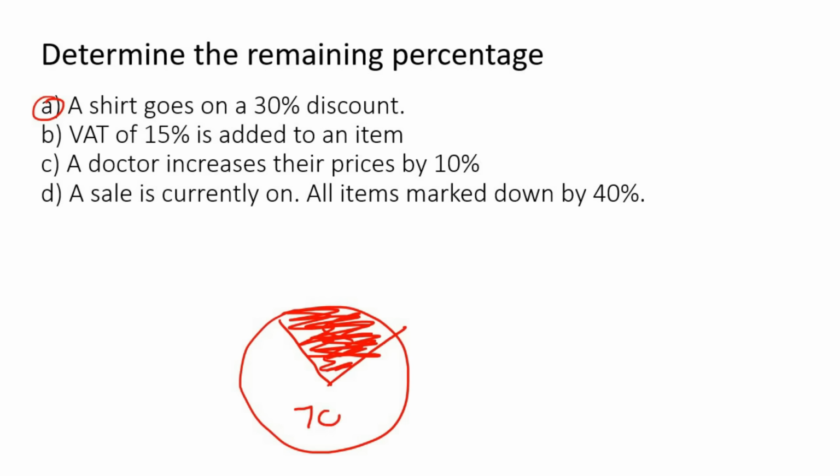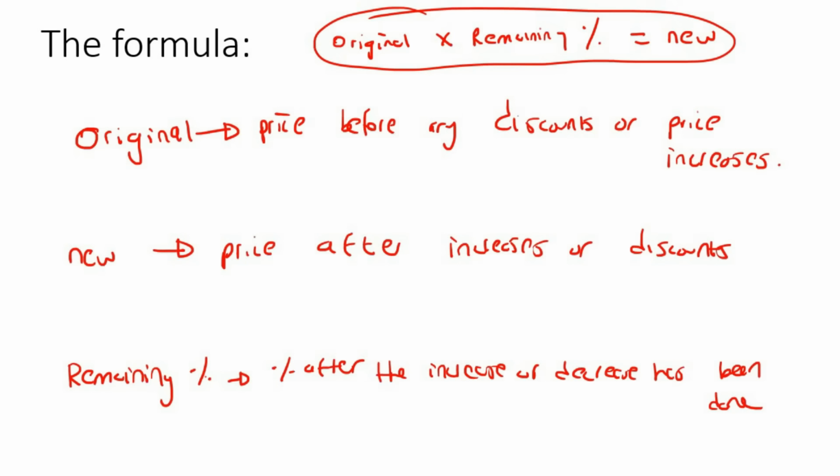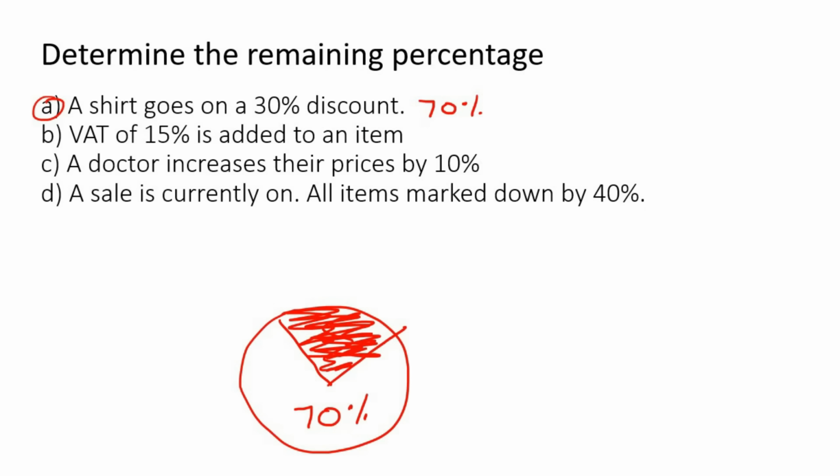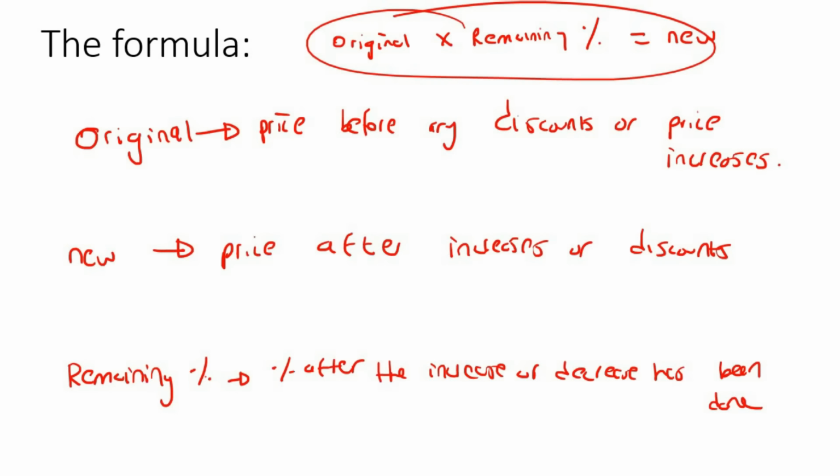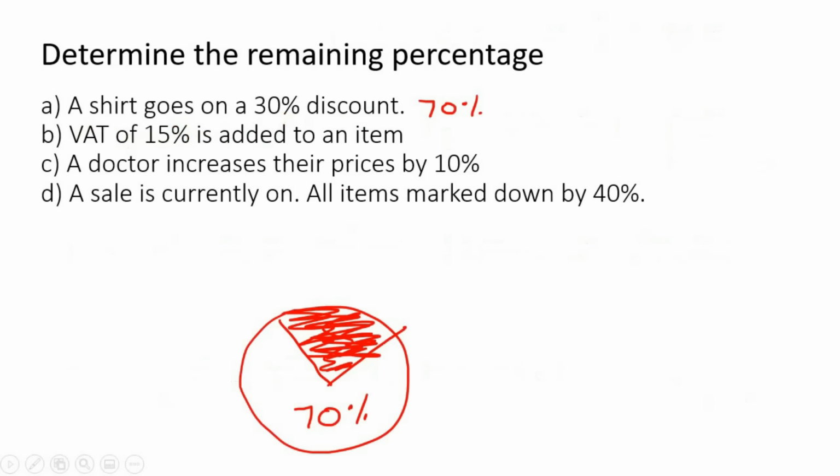Well, the leftover amount is 70%, and that is called the remaining. Remaining means left over, okay? So 70% is the number you would use in that formula that I showed you, and you would not use 30%. There are ways that you can do the question using 30%, but I'm trying to simplify your life by giving you one formula for all of the sections. Then you don't have to remember too much.